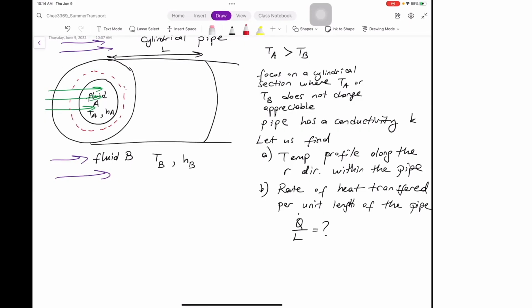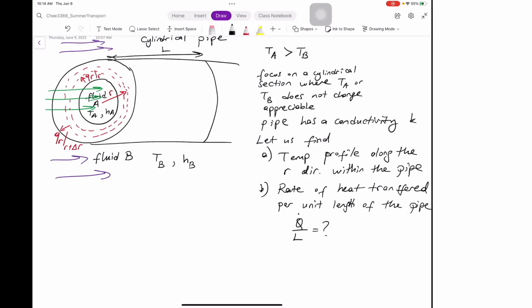So let's take a cylindrical shell within the pipe at a distance r, and the flux getting in the shell, let's call it QR at r, and the flux coming out is QR at r plus delta r.